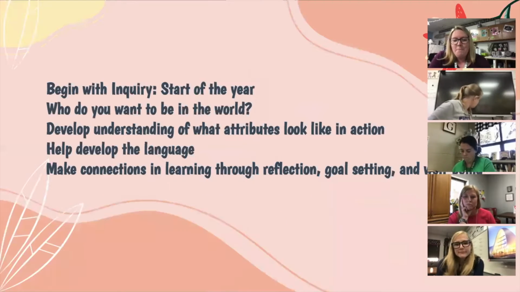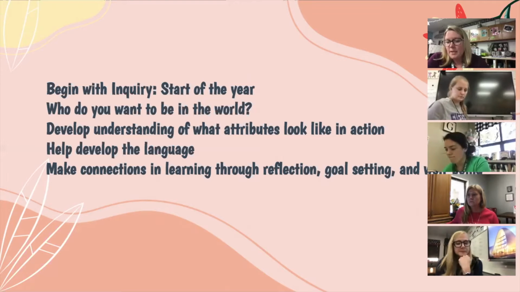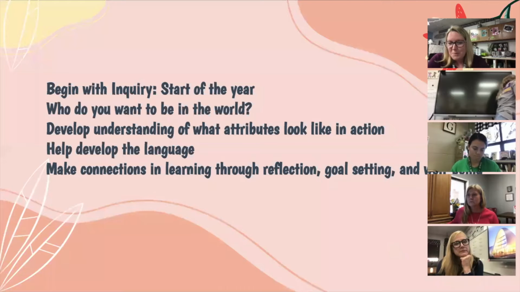So they had recommended beginning with inquiry, asking your kids, what do you want to be in the world in terms of your character and personality, and helping them develop an understanding of what the attributes look like in action, such as through videos. And I think we do a really great job of that. Help develop the language and the vocabulary. We know kindergartners coming in are not going to know what the word principled means, but they might know what caring means.